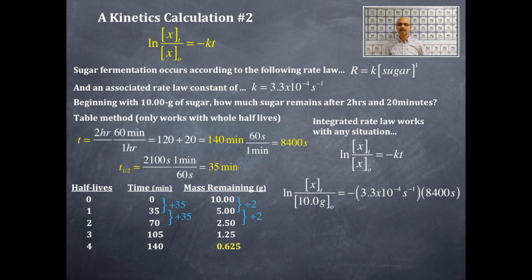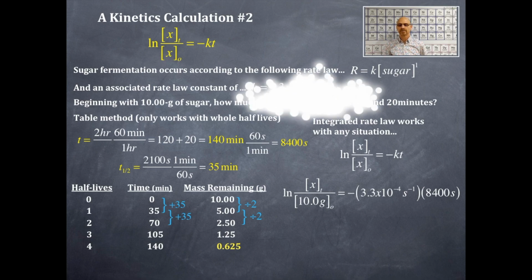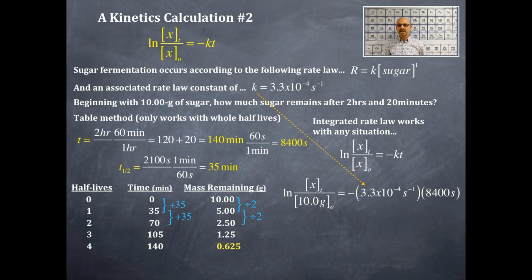Now we're going to rearrange this a little bit, solve for that multiplication problem on the right-hand side, get rid of the units of time, and separate out that natural log problem with a subtraction problem because it is a division problem. I've already described the rate constant and the time.